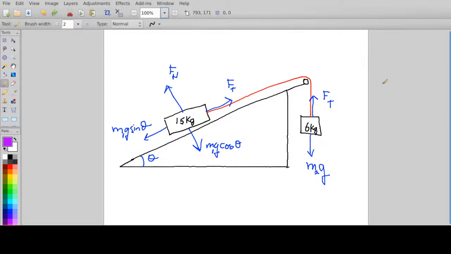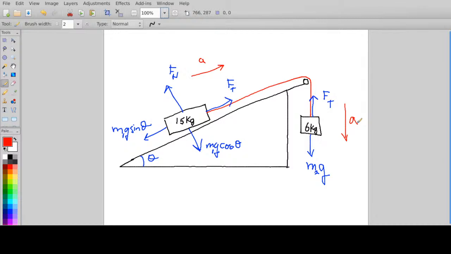Okay, and then one more thing before we go on, and that is, we're going to have an acceleration here, but you don't know the direction of the acceleration. Is it going to be uphill or is it going to be downhill? And you know what? I'll tell you what the direction is. It's actually uphill. We did one in class where we had it the opposite direction. And if we choose by accident A in the opposite direction, then when we do the calculation, A will come out negative.